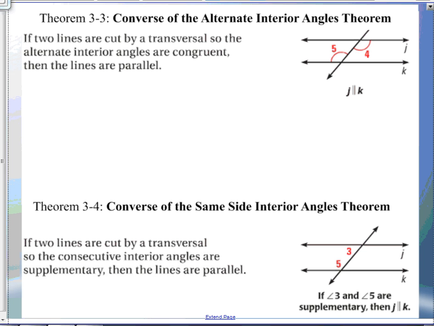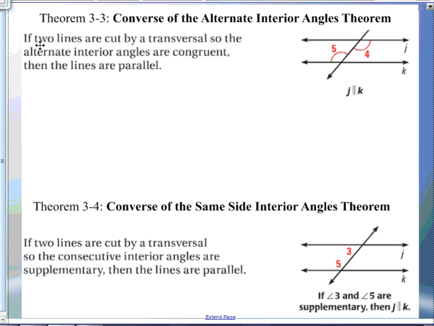All right, now we have two other proofs. Now in previous chapters we talked about the alternate interior angle theorem, and we also talked about the same side interior angle theorem. So in this particular section, we have the converse of the alternate interior angles theorem.